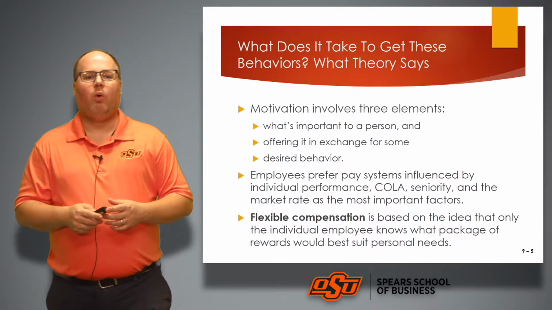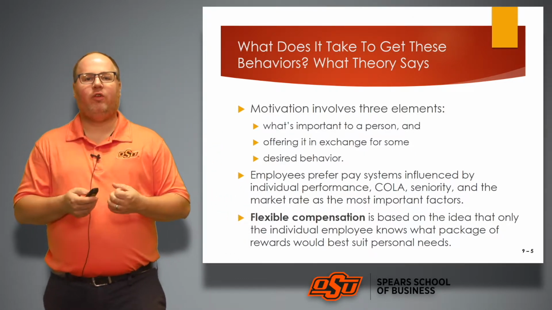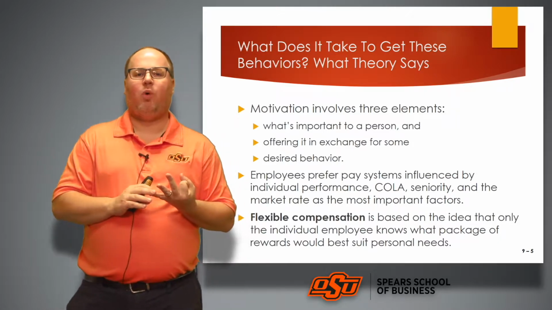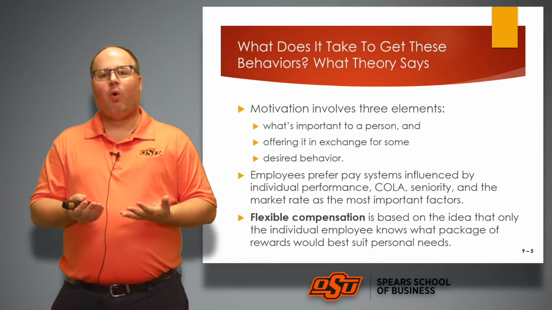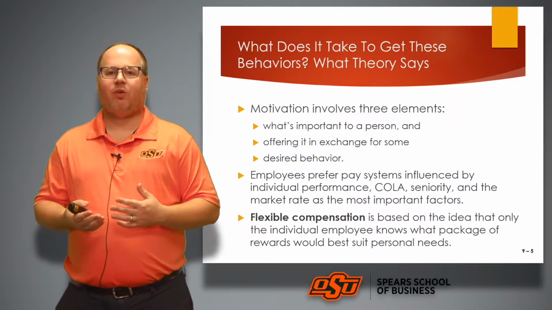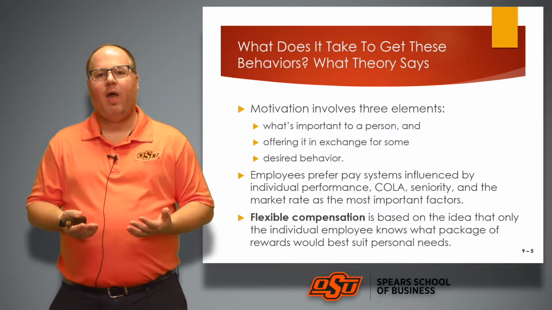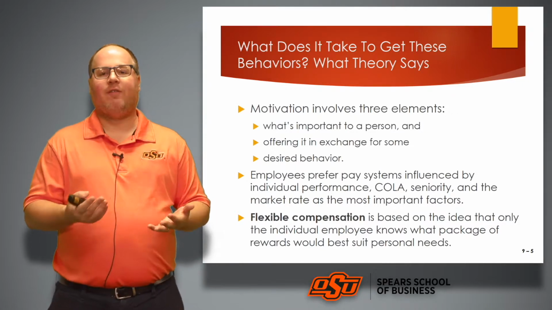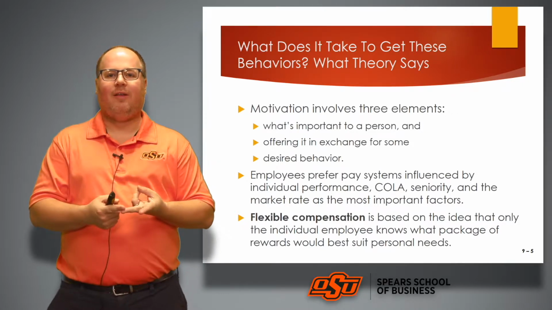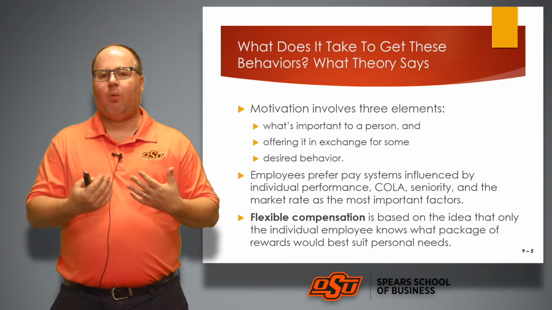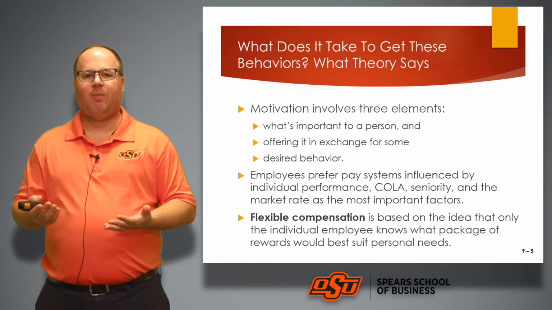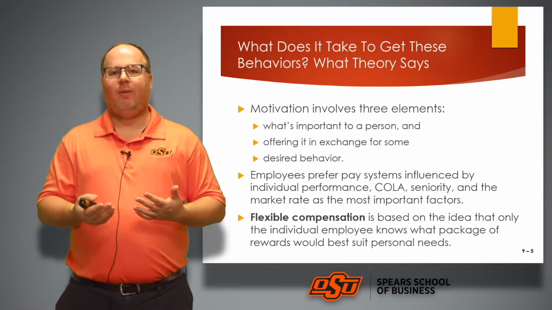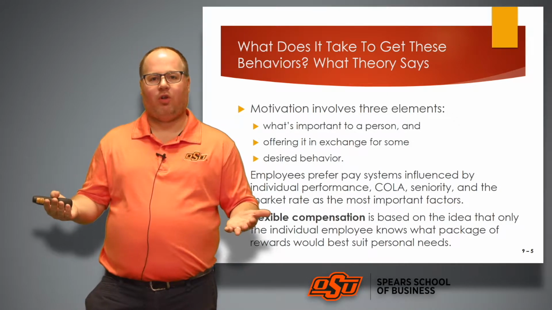When we're talking about motivation, there are three elements to what motivation is. First, what is important to the person? Everybody has a different reason for being in the workplace. For example, if you're just out of college, not married, no kids, certain things might be more important to you than others. Maybe you want to make as much money as possible, or maybe the ability to take more time off and travel is important to you.